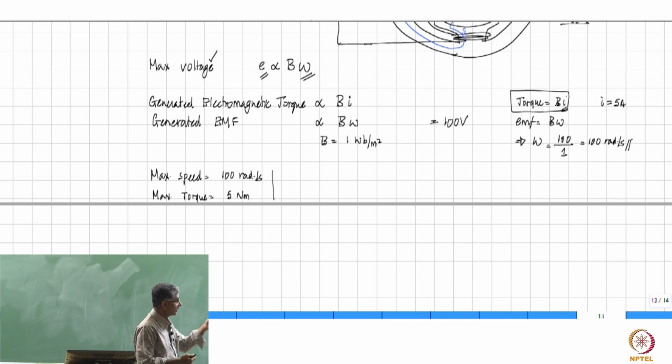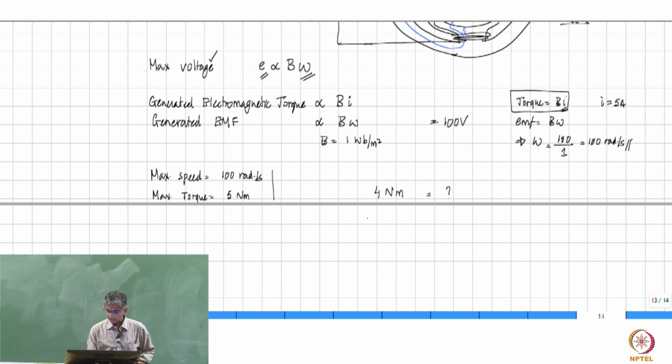Now, if I need an electromagnetic torque, let us say, of 4 Newton meter, the question is, how do I do it? I can do it in many different ways.